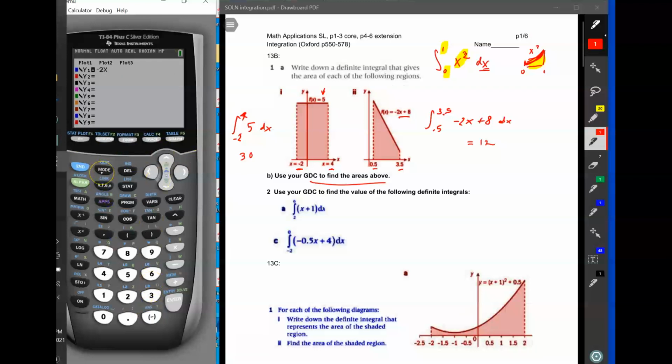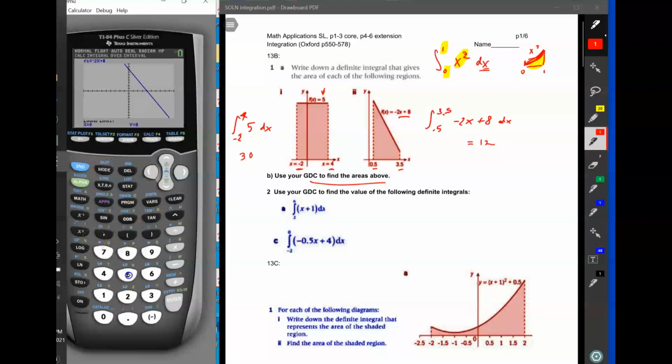I'm going to put -2x plus 8 here. And then I'm going to put in 0.5 to 3.5 for my limits. And then I'm going to do second calc, number 7, which is integrate.